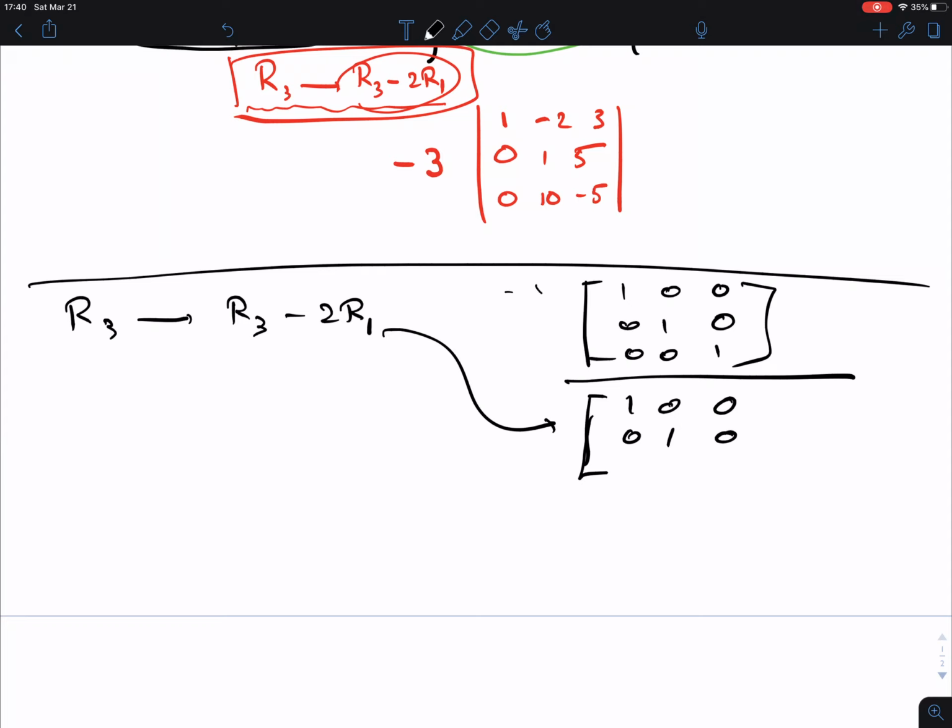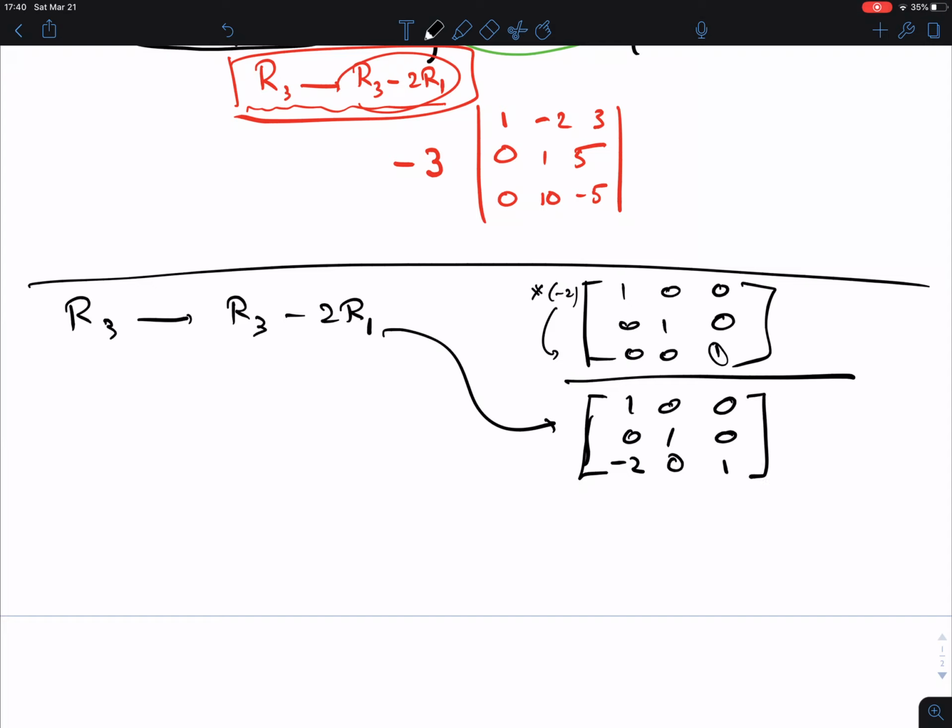So multiply with -2 and add there, so we have a -2 here, a 0, and this of course is a 1.